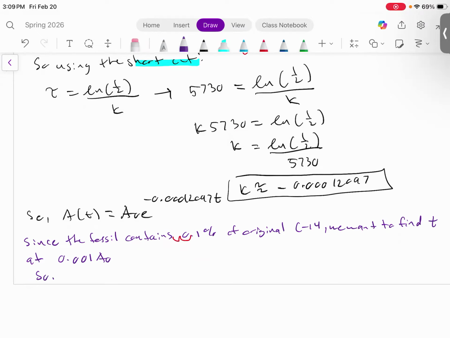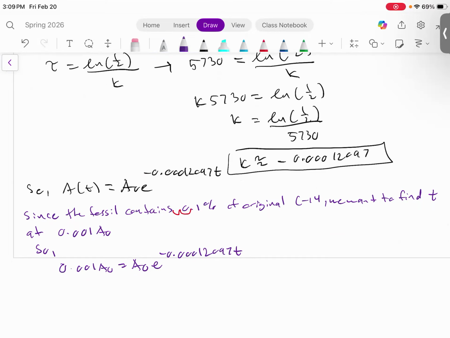So let's go ahead and figure this out. 0.001 A naught equals A naught, plugging this into our solution, e to the negative 0.000121 t. Now we're just going to solve for t. The A naughts cancel out, and remember, we take the natural log of each side. So natural log of 0.001 equals natural log of e to the negative 0.000121 t.